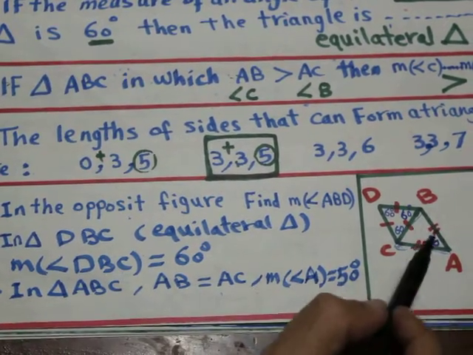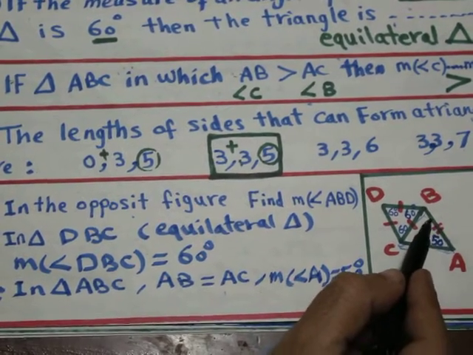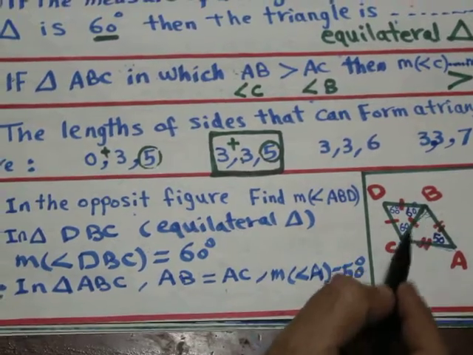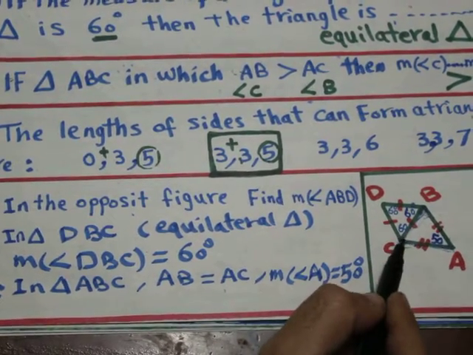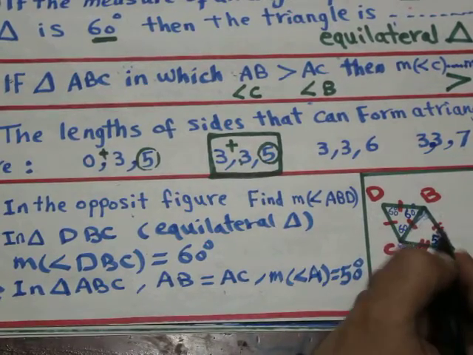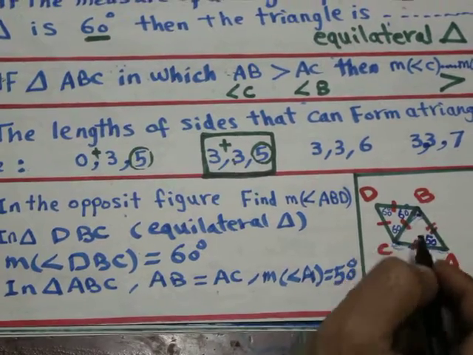So you can get the other two angles, which are ABC and ACB, because they are the base angles. This is a leg, another leg, and this is the base. You know that the measure of angle ABC equals the measure of angle ACB because they are the base angles.